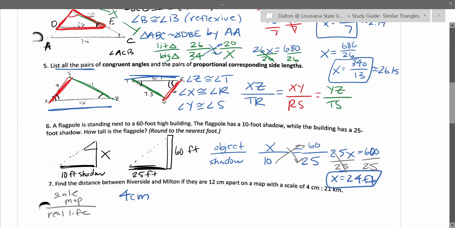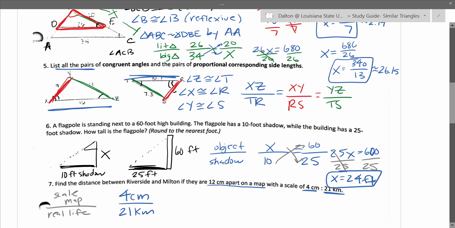And in real life, notice centimeters goes with centimeters. So that means that the 4 centimeters on the map compares to the 21 kilometers in real life.